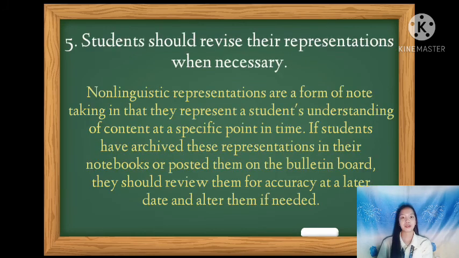So last, number 5, students should revise their representations when necessary. Non-linguistic representations are a form of note taking in that they represent a student's understanding of content at a specific point in time. If students have archived their representations in their notebooks or posted them on the bulletin board, they should review them for accuracy at a later date and alter them if needed.